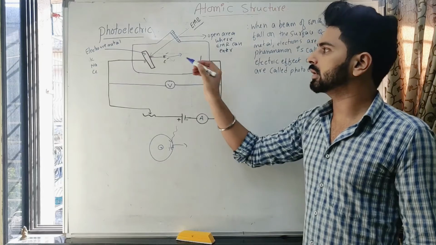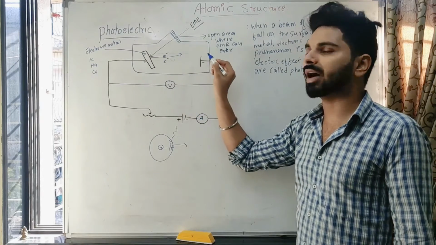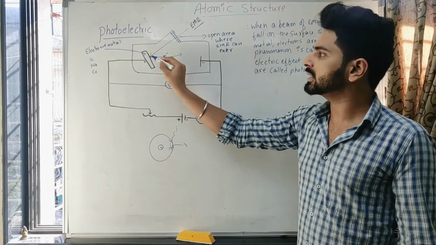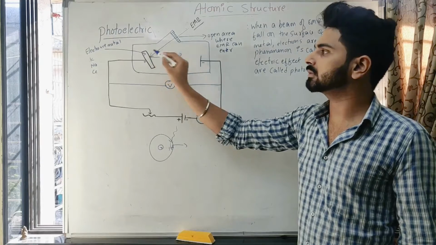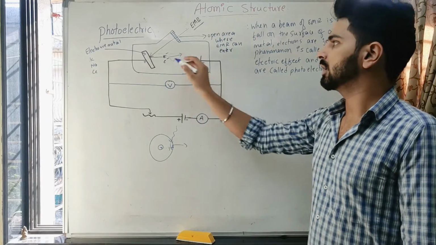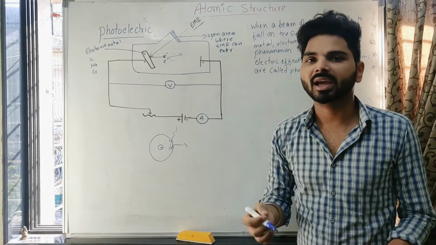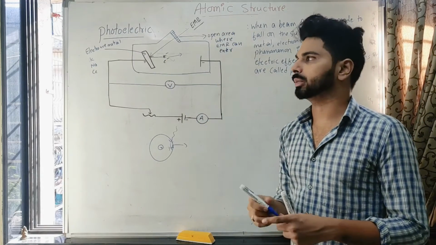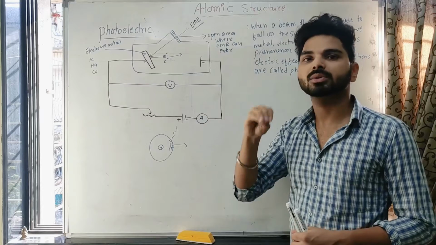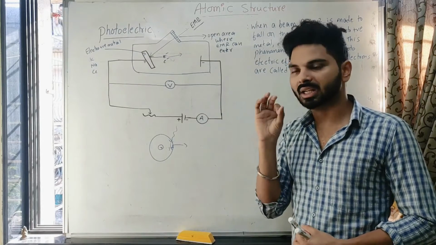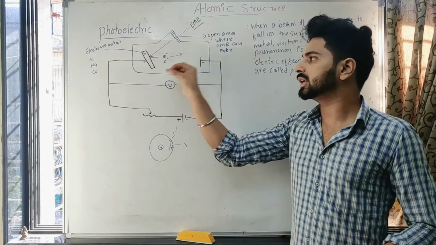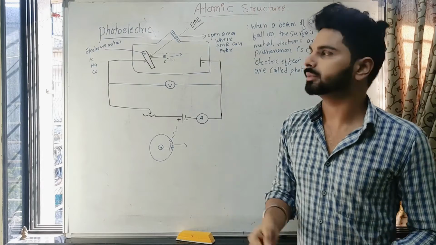In the latter case, that electron will travel faster. In the former case, the electron will just be on the surface of the metal plate. Why? Because it does not have any kinetic energy to travel. It was just ejected using radiation having only the energy needed to remove the electron, not to travel.